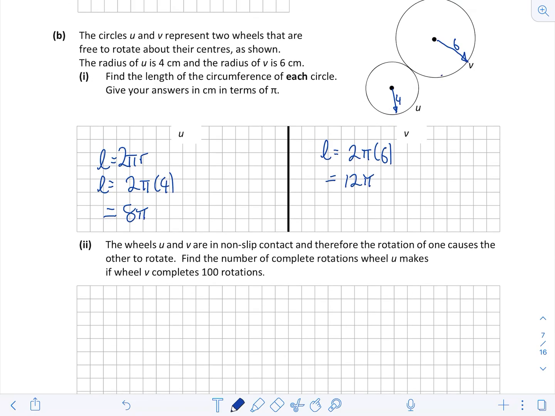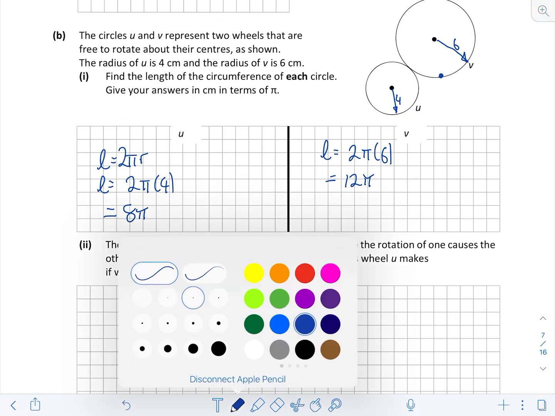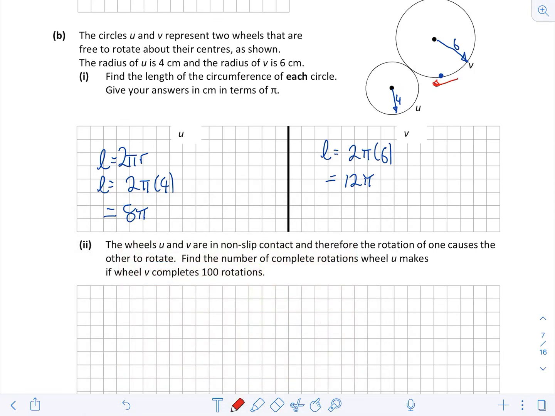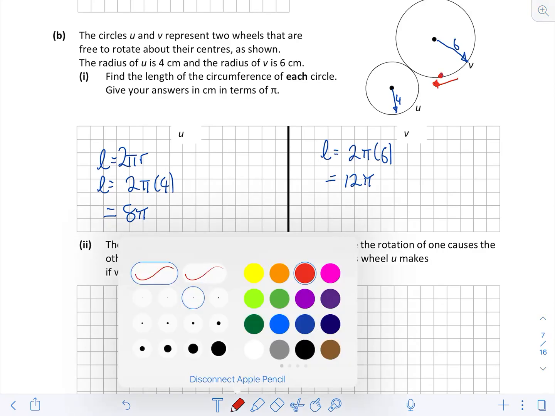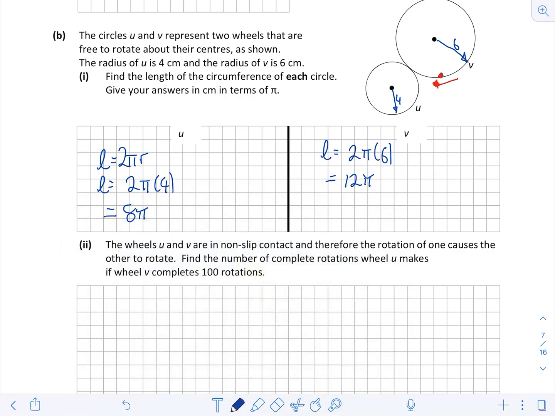So that means if we pick this point here and we rotate wheel V 100 times, what distance will this point have travelled? It will have travelled 100 times the circumference of V, which is 12 pi. So that's 1200 pi. So that's the distance that red dot has rotated.